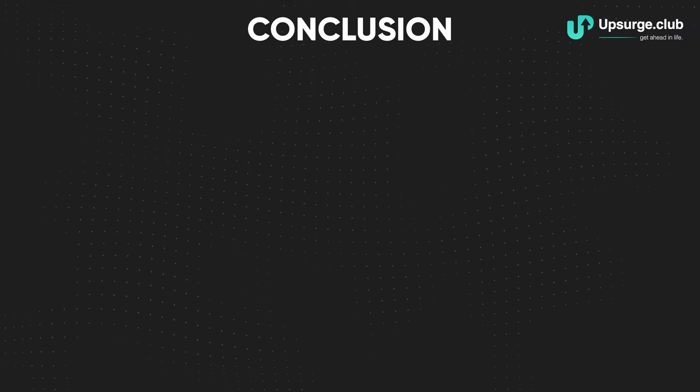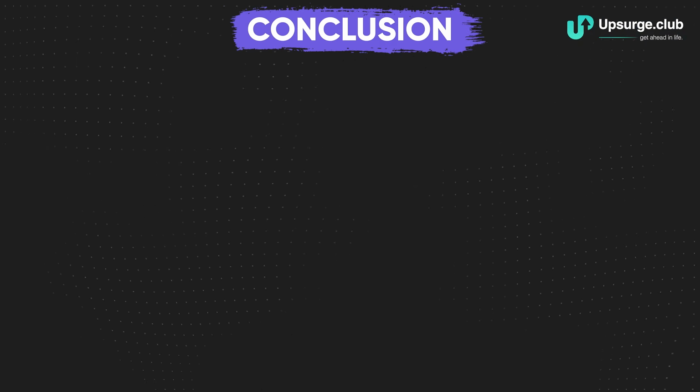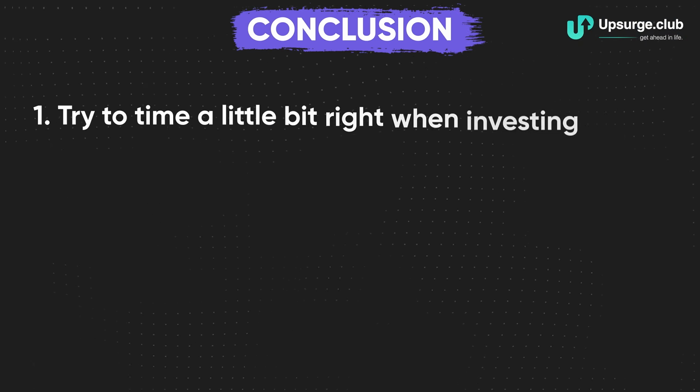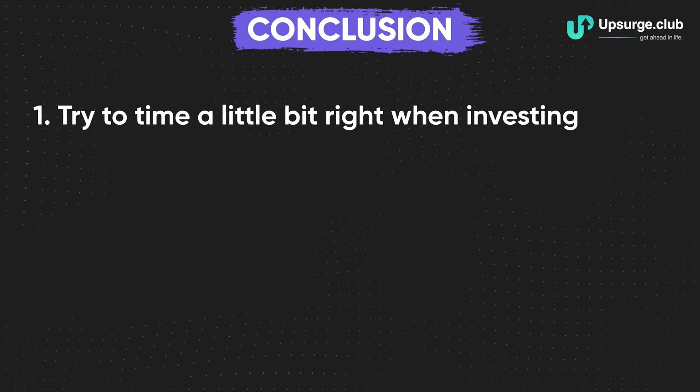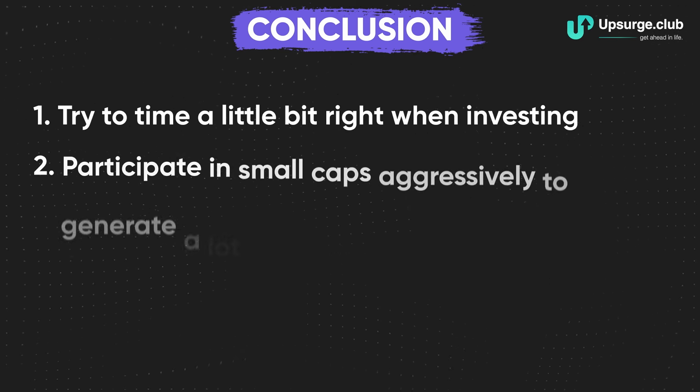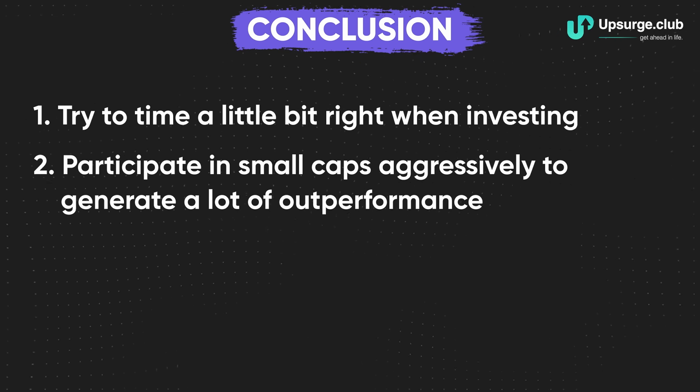So to conclude, what are we trying to do? Try to time a little bit right. And when the timing is right, participate in small caps, participate aggressively, and generate a lot of outperformance, like what we saw in 2020 to 2021 or in 2014 to 2017.